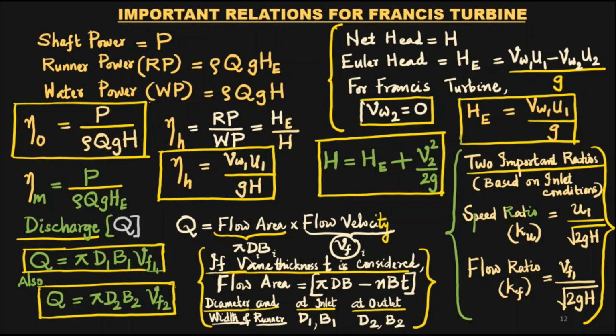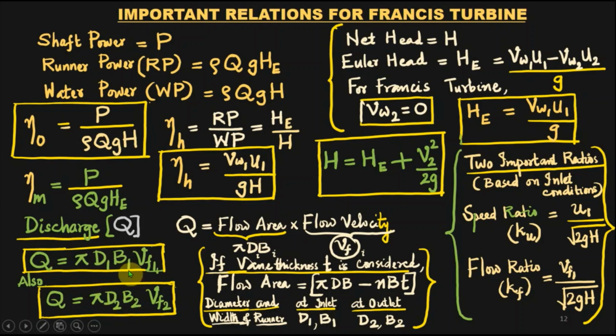And if in a numerical problem it is given that 10% of the circumferential area is occupied by the vanes, then you have to deduct 10% of this area, that is pi d1 B1 if you consider inlet, pi d2 B2 if you consider outlet, and from which you have to deduct 10% of that.